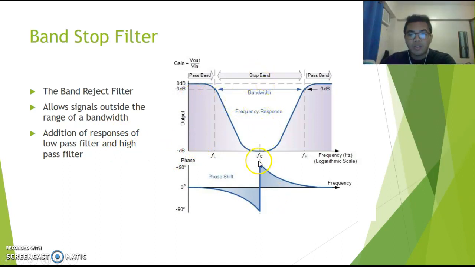If we divide this graph in half, we can see that this is a response of a low-pass filter on the left side of the graph, and this response is a response of a high-pass filter. It passes signals with frequencies higher than the cutoff frequency right here, and this attenuates signals with frequencies higher than the cutoff frequency right here, which is a low-pass filter.